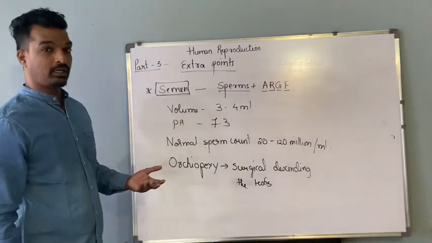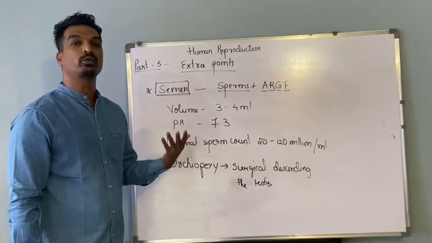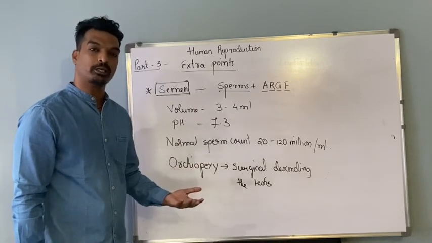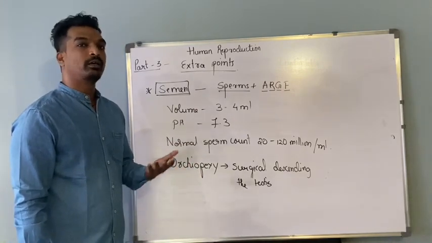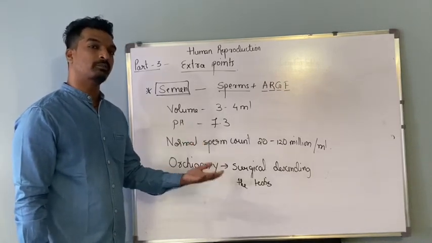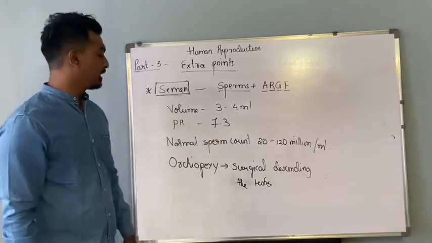We also studied how much contribution the seminal vesicle makes: 60 to 70%. How much does the prostate gland contribute? 30 to 40%. So of the accessory gland fluids in the semen, 60 to 70% is produced by the seminal vesicle, and 30 to 40% by the prostate gland.